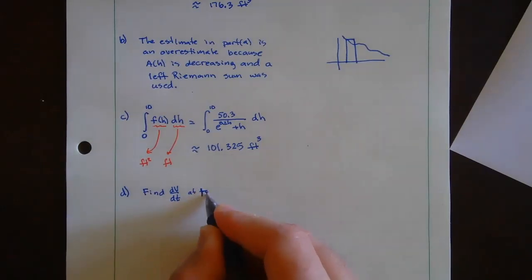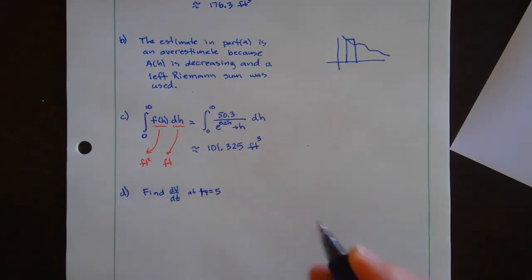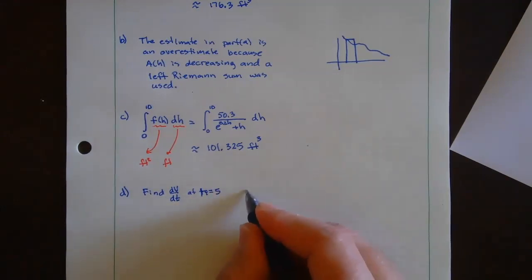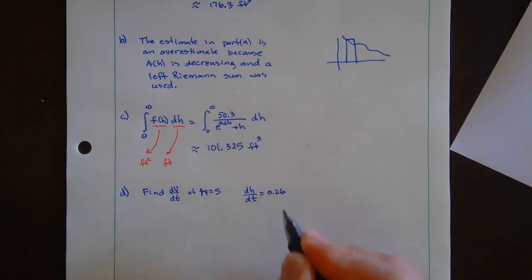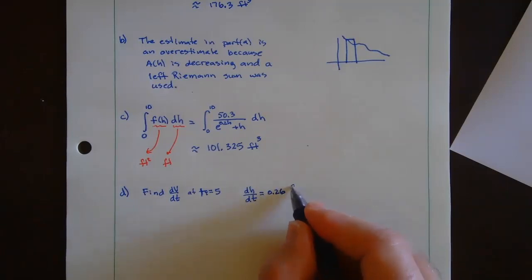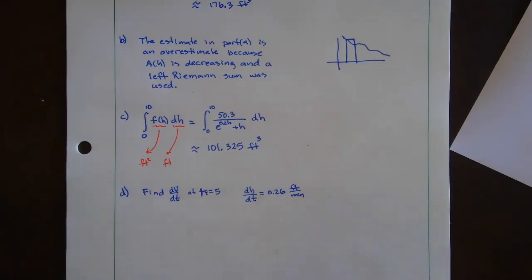And then we also know that dh over dt is 0.26 feet per minute. So we want to find dV dt, because it is the rate at which the volume is changing, with respect to time.